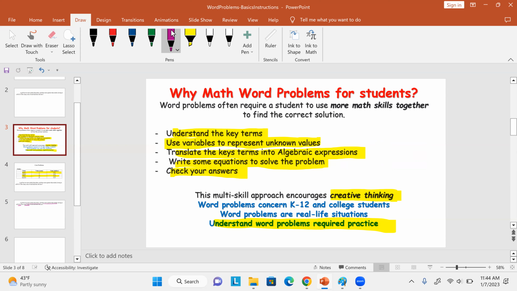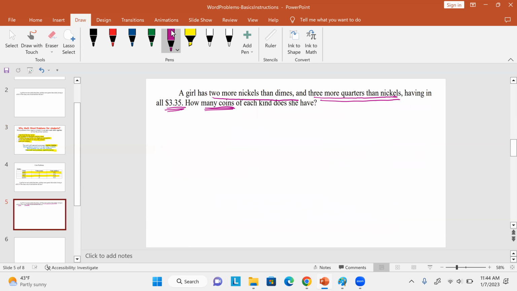But usually it's helpful to use a variable which is the initial of the unknown. For example, in this question we have a nickel, so we can use n as the number of nickels, because they ask how many.